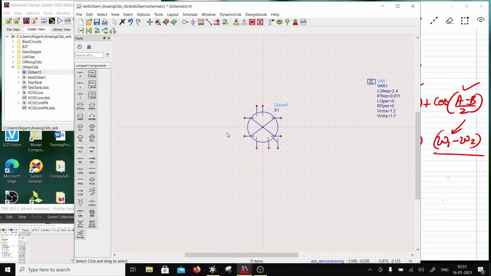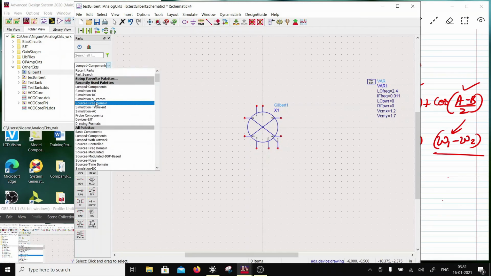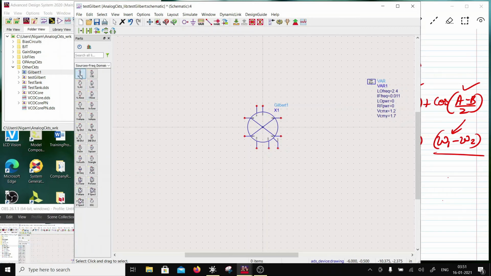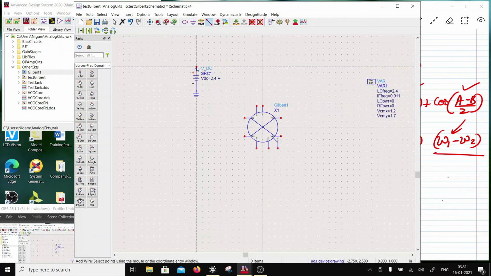Now we are going to put in the sources and the currents. Okay, so I'm going to operate this from 2.4 volts. So we'll go to sources, frequency domain, and this is going to be 2.4 volts. Okay, so this 2.4 is connected to VDD, and then you have an IREF which is 40 microamperes.